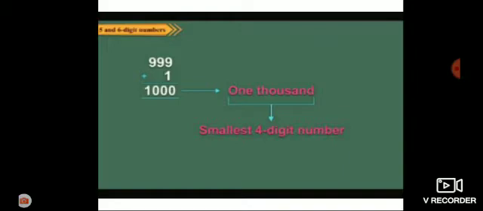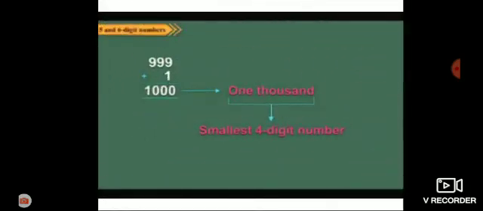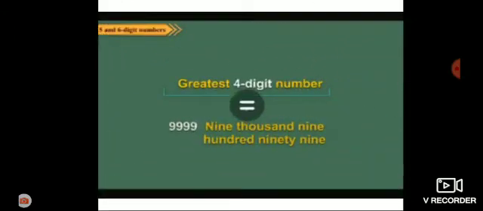Then 4-digit numbers start here. So it is the smallest 4-digit number. Next, what is the largest 4-digit number? Greatest is 9999, because after that you get a 5-digit number. So the 4-digit numbers end at 9999. So it is the greatest 4-digit number.